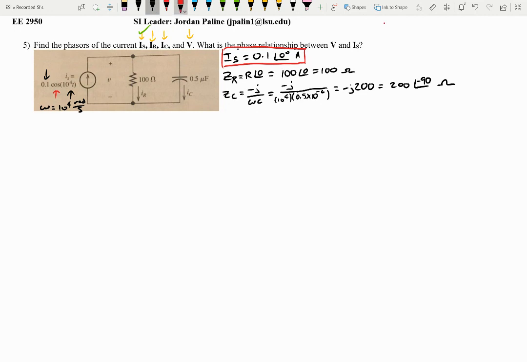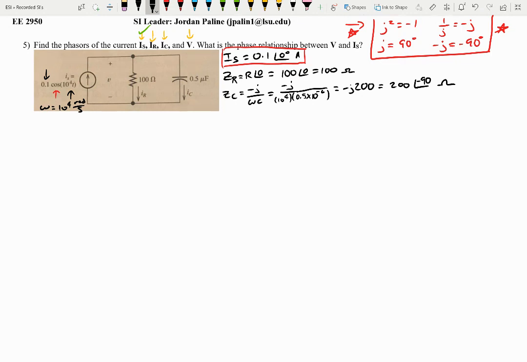And just as a quick reminder, j squared is negative 1, 1 over j is equal to negative j. j is equal to 90 degrees, and then negative j is equal to negative 90 degrees. Useful relationships at the top up there.